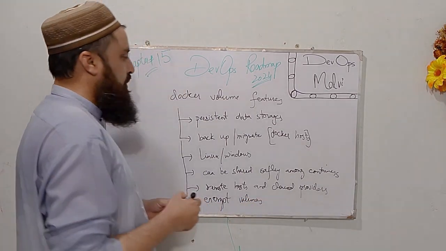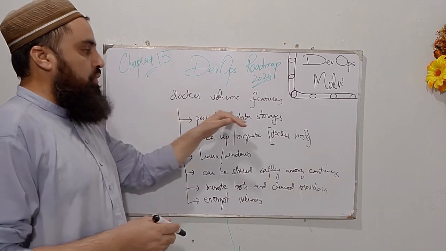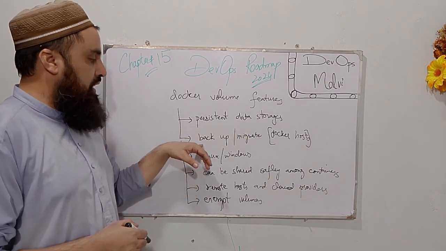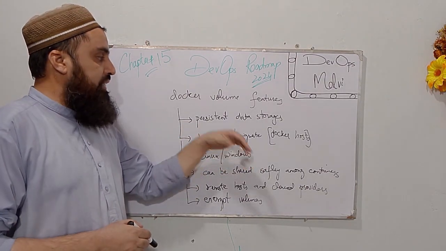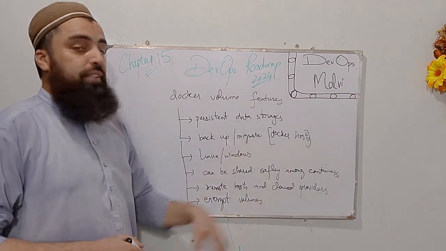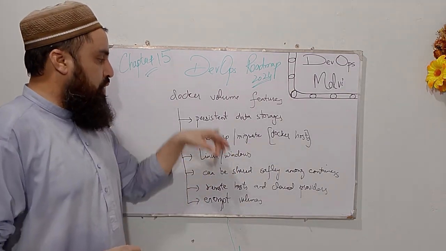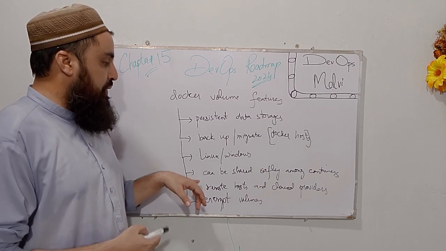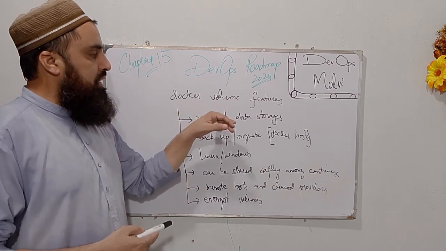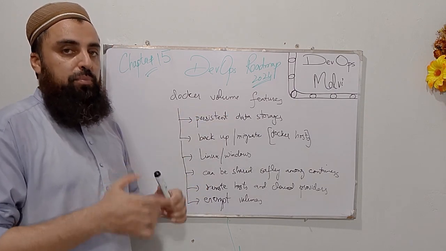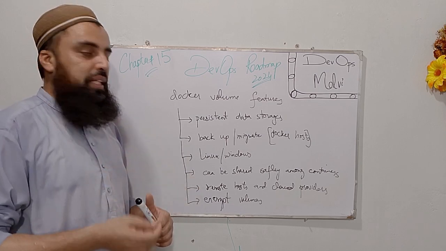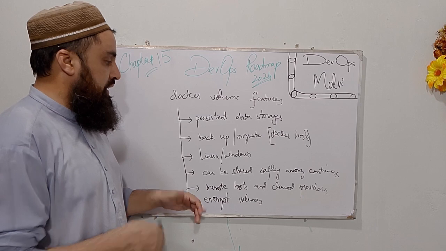So, guys, these are a couple of major Docker volume features in which we can store our data persistently. We can back up and migrate our Docker volumes among different Docker hosts. We can run Docker volumes both on Linux and Windows machines, and we can create multiple Docker volumes and attach multiple Docker volumes to a single container, or a single volume can be attached to multiple containers safely.